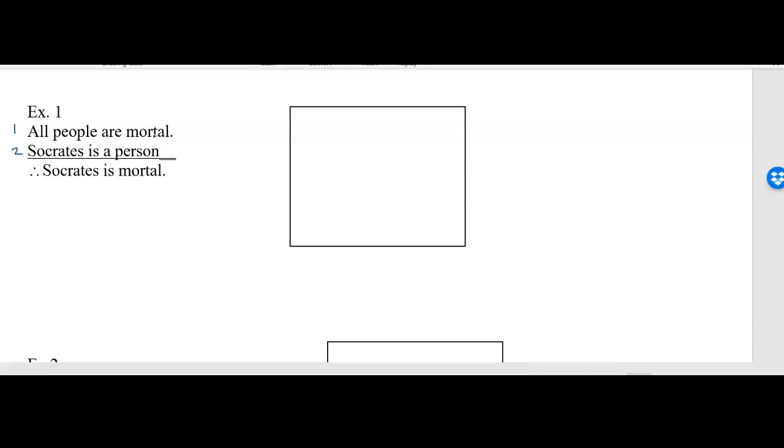All right, remember, we talked about this in a previous video, the critical thinking chapter on validating arguments, and we were drawing circles. We said this was kind of like the P, and this was our Q, and Q was always our bigger circle, and P was our smaller circle, because we're saying that all people are.